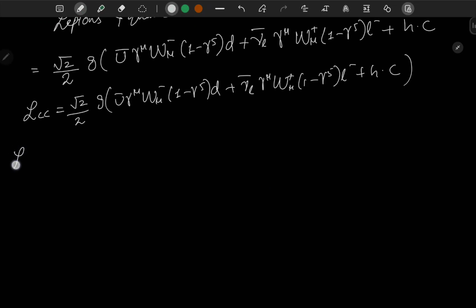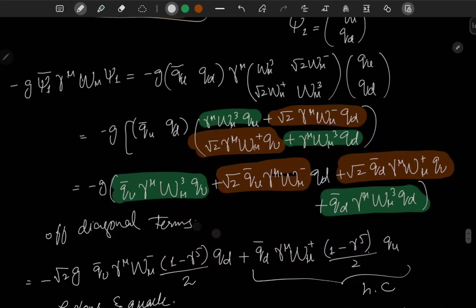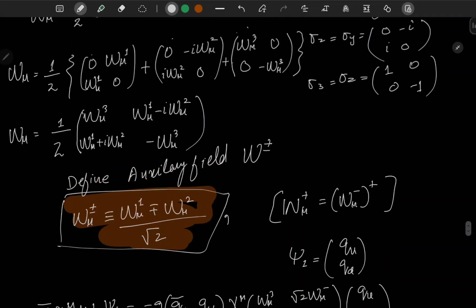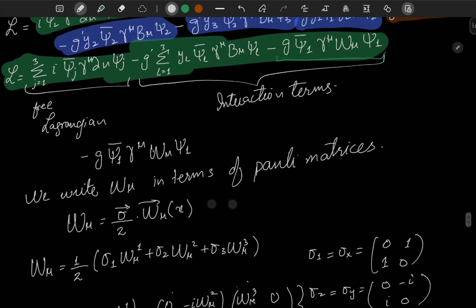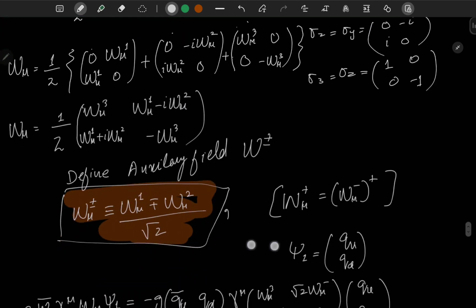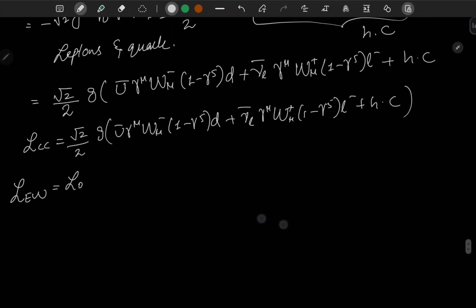Now I'm going to write the whole Lagrangian so far of the electroweak. First we had the free Lagrangian. I'm going to denote that free Lagrangian here with L0. So I have L0, I have the charged current term that I just calculated right now.